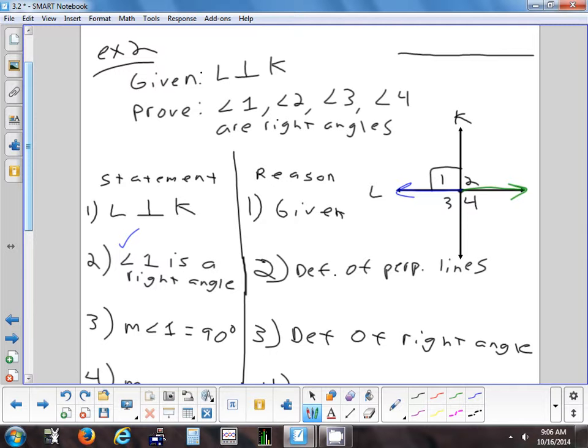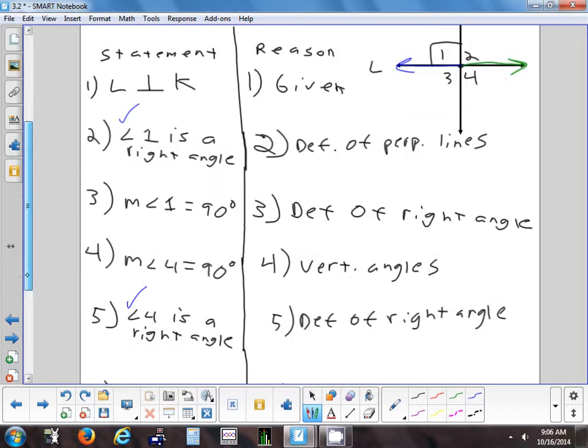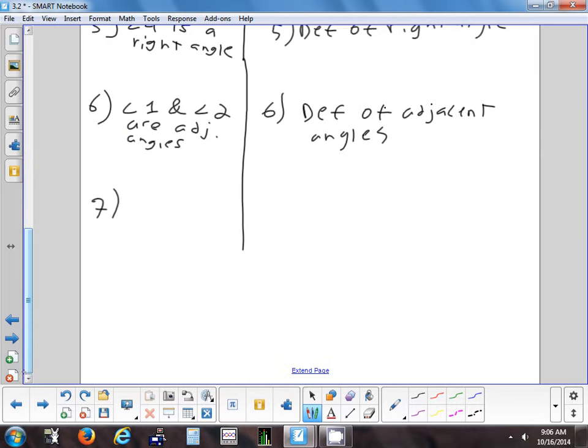Not supplementary, but a linear pair. Angle 1 and angle 2 are a linear pair. The reason I just kind of explained to you, and you can look at the diagram and see it: it is the definition of a linear pair.